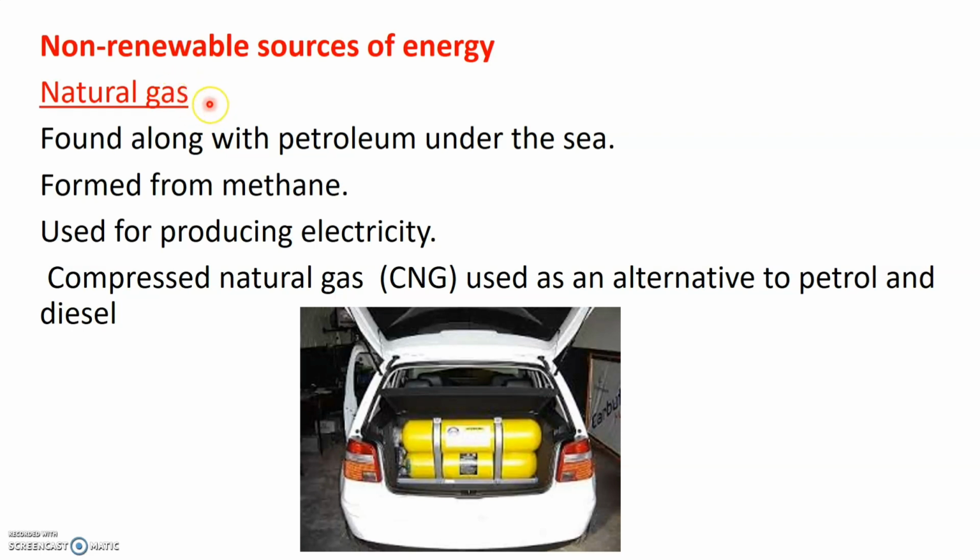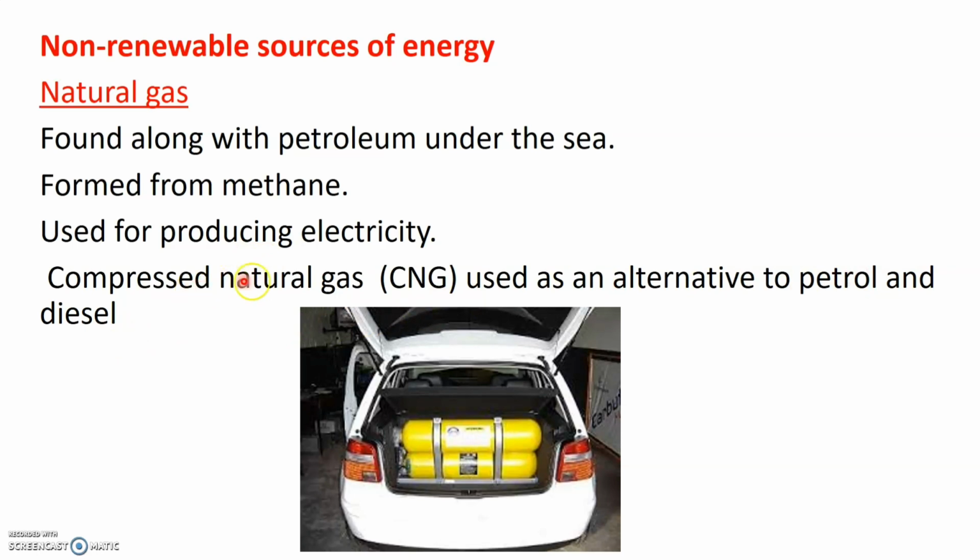Natural gas again is used for producing electricity. CNG, otherwise known as compressed natural gas, is one of the fuels that are considered to be clean, which means it helps in reducing pollution. So such compressed natural gas is used as an alternative instead of petrol and diesel.